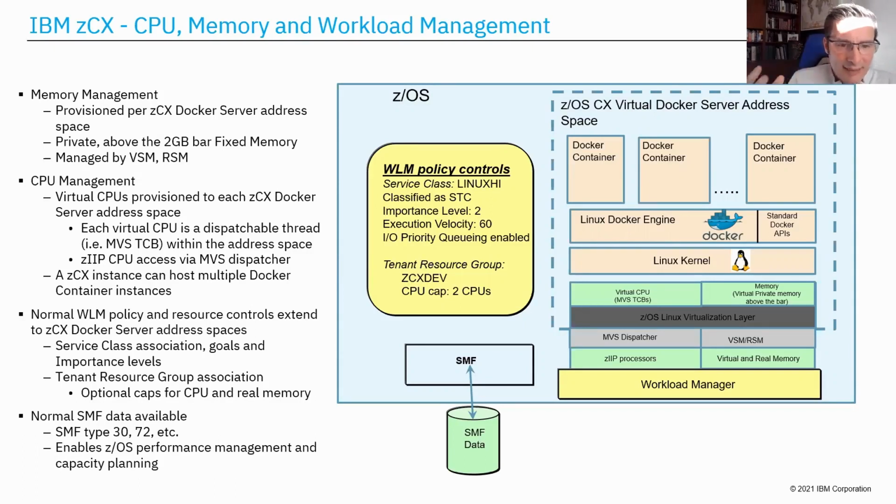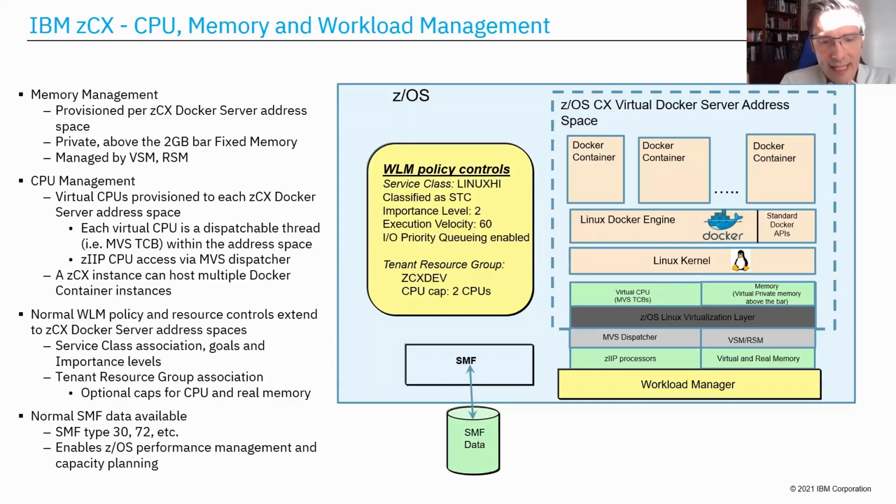And so zIPs are what this work gets dispatched on. Almost all the workload in ZCX is going to run on a zIP. So we're going to want to make sure for however many virtual CPUs we specify for the appliance that we're going to have zIPs that are able to fulfill the multi-threaded requirements of your ZCX.